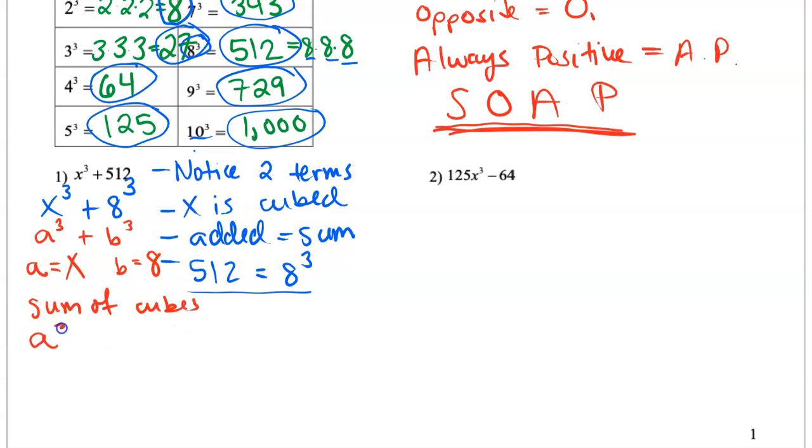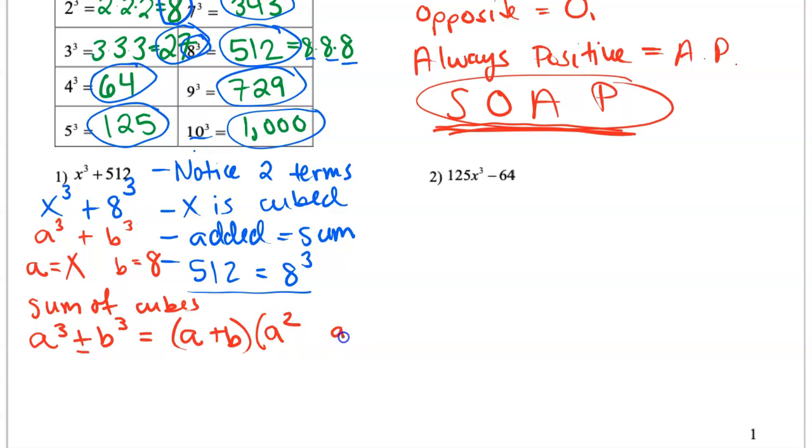So the formula for that: we start with a and b, and we use the same sign. Remember, SOAP. So this was plus, so this will be plus. And then it's a squared, ab, b squared. We do the opposite sign, so since that was plus, this is minus, and then always positive right here.